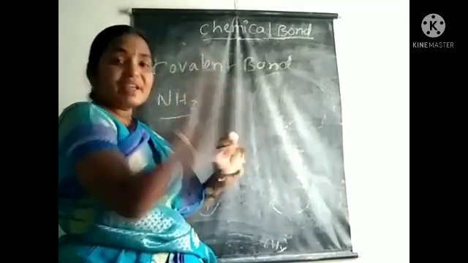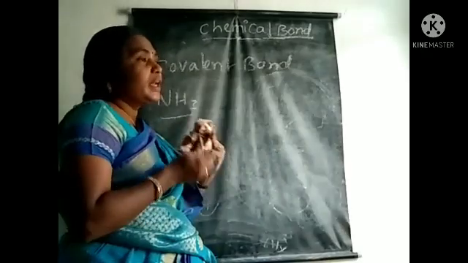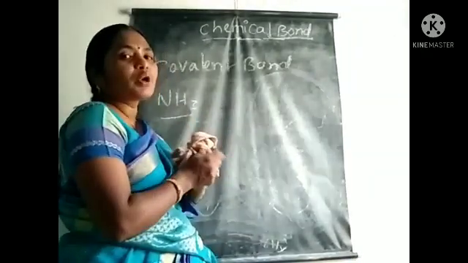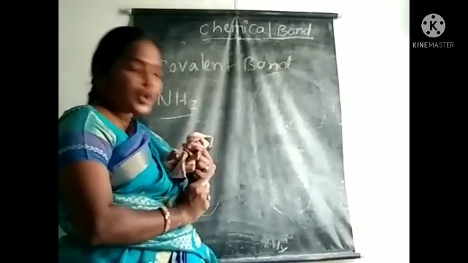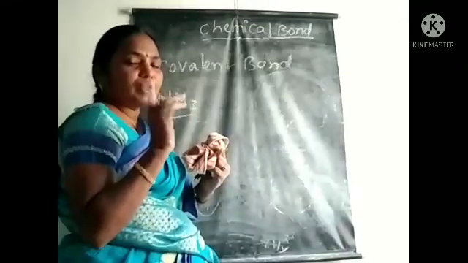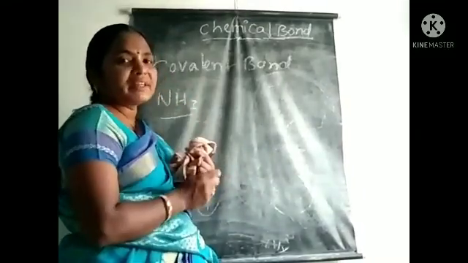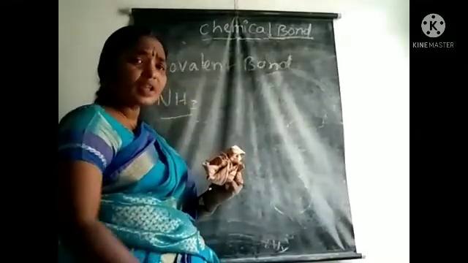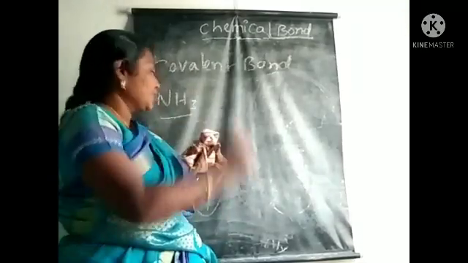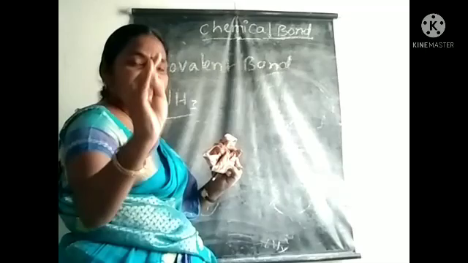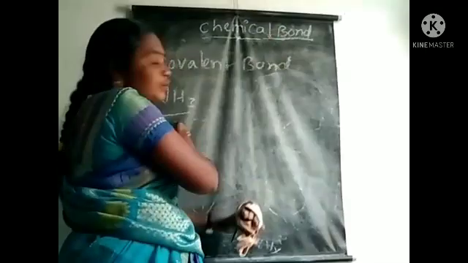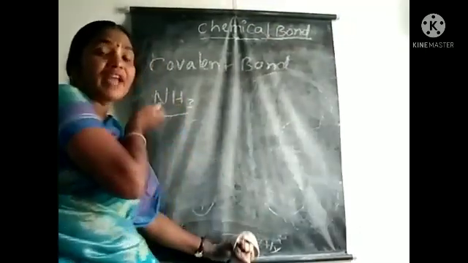You are familiar with the atomic numbers of the first 30 elements. It is a must for you children, that's why you learn the first 30 elements. Nitrogen is the 7th element, so it contains 7 electrons.